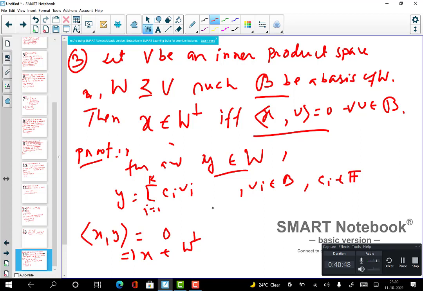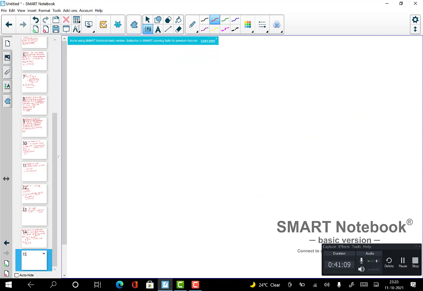Okay, and this method is actually going to help us prove something called the method of least squares, which we will discuss maybe in the next class. Okay, but this is a very important idea, so I want to discuss it. So let me start with this theorem first.